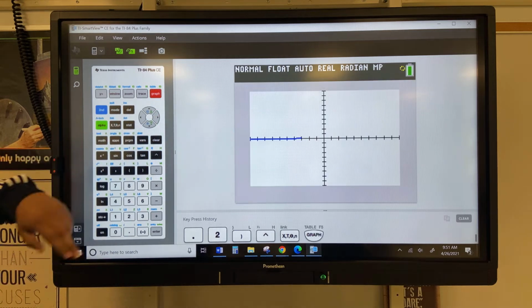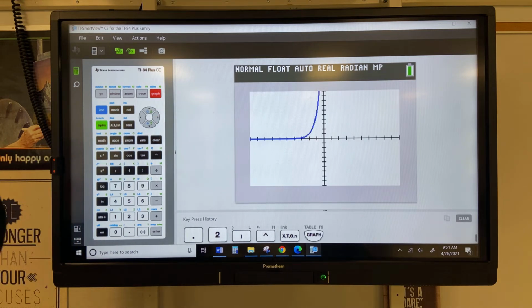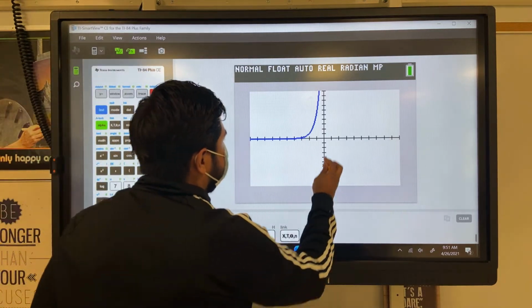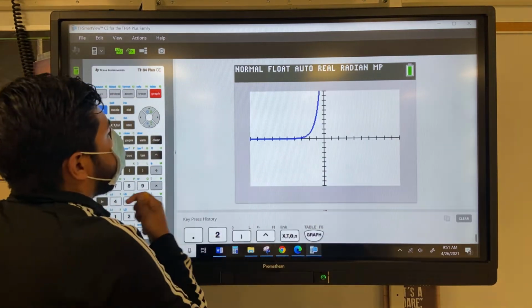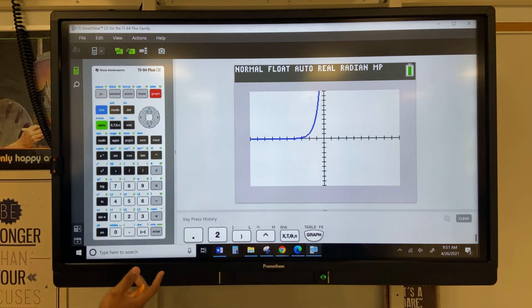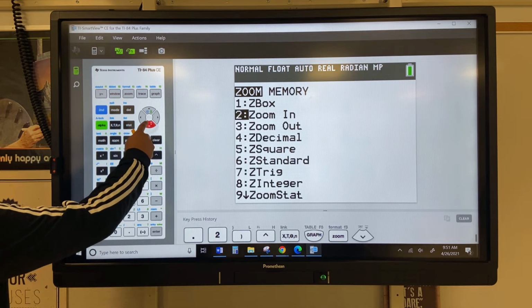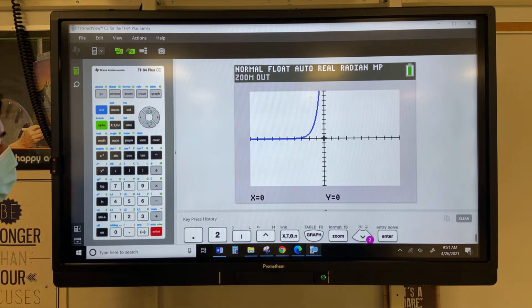Graph it. I really can't see the y-intercept. I'm looking at this line and where the blue line crosses it. So I need to zoom out. How do I do that? It's zoom, number 3, zoom out. Enter.